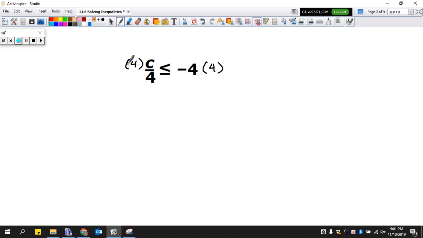These 4's cancel out. We're left with C is less than or equal to negative 16, and we keep the symbol the same because we multiplied by a positive number.